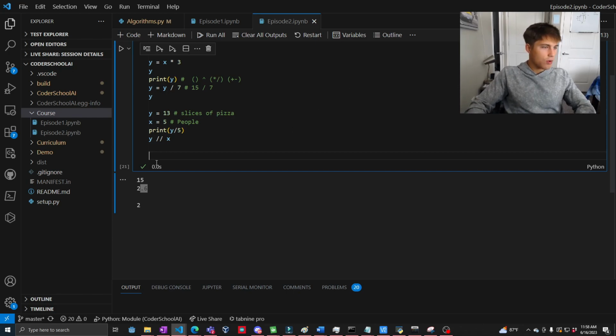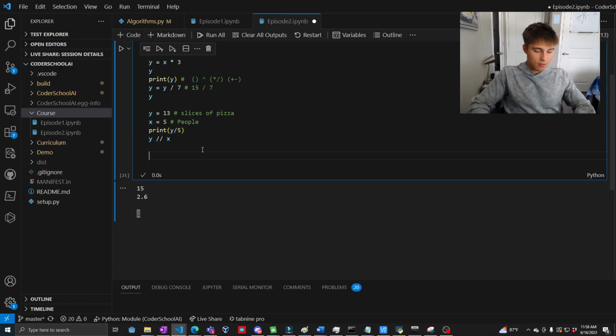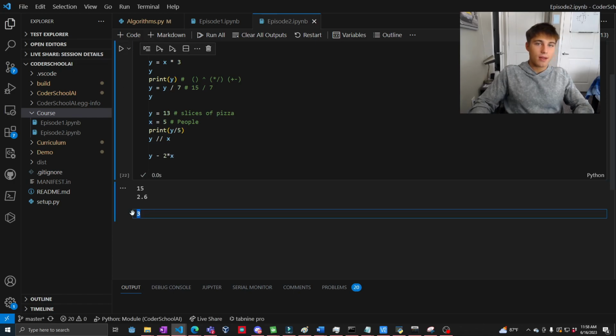Okay, so if we see that y floor divided by x is 2, then we could just say, what is 2 times x subtracted from y? Well, that's going to give us 3, right? It's pretty simple, because 2 times x, we said x is equal to 5, and 2 times 5 is just 10.